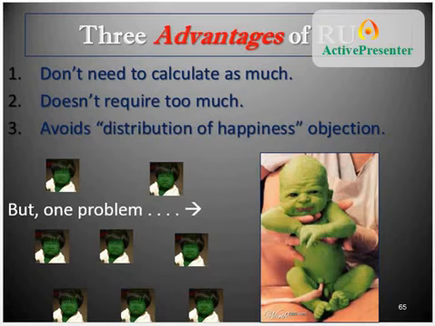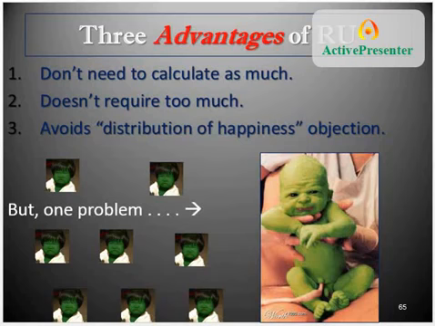Secondly, it doesn't require too much. Remember the problem with act utilitarianism? The no rest objection. We're not going to be spending money on our own kids. We're not going to be having any luxury items, that type of thing. But on rule utilitarianism, we might find that we can make general rules where we take care of our own, that type of thing.